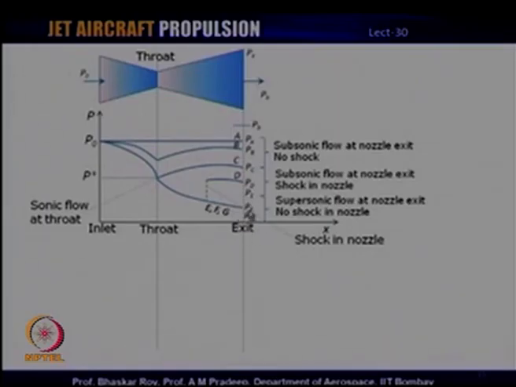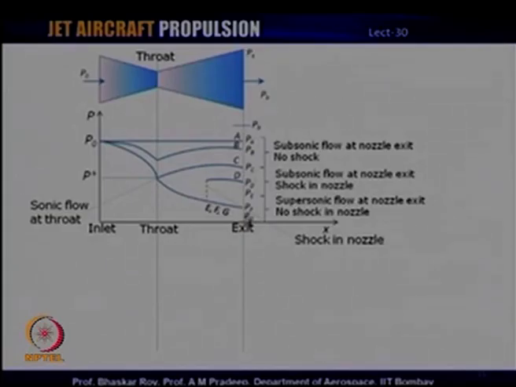So, the back pressure is supposed to be lower than all these pressures. If the back pressure is further reduced, we can ensure that the normal shock that was existing here can be pushed out of the nozzle, so that we get a supersonic flow at the nozzle exit, which is basically our objective.